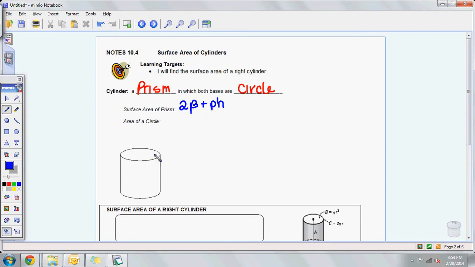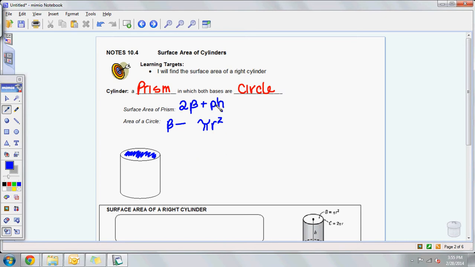So for our cylinders, for our B, we're going to do pi r squared. You guys remember that from our area discussion, pi r squared? Hopefully you do. So in order to find the base area, the area of your base, which is a circle, we're going to have to plug this formula in for base area. Okay? That's why it's a little different than the ones we did yesterday.